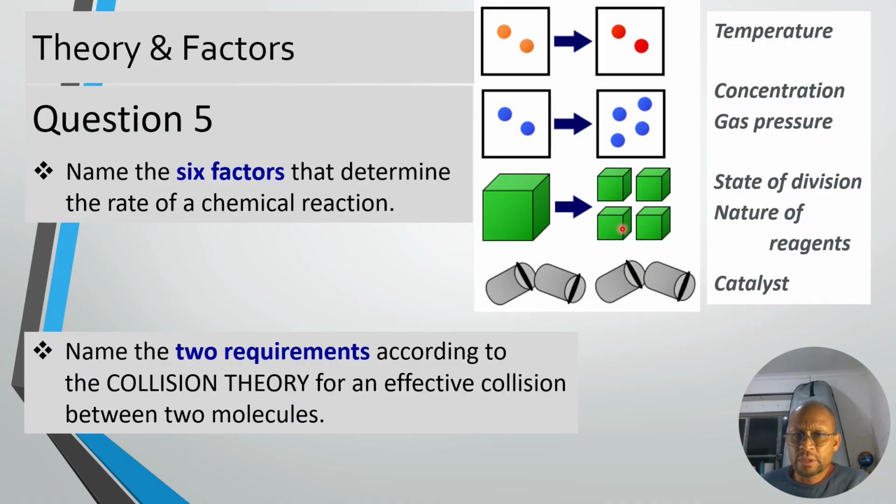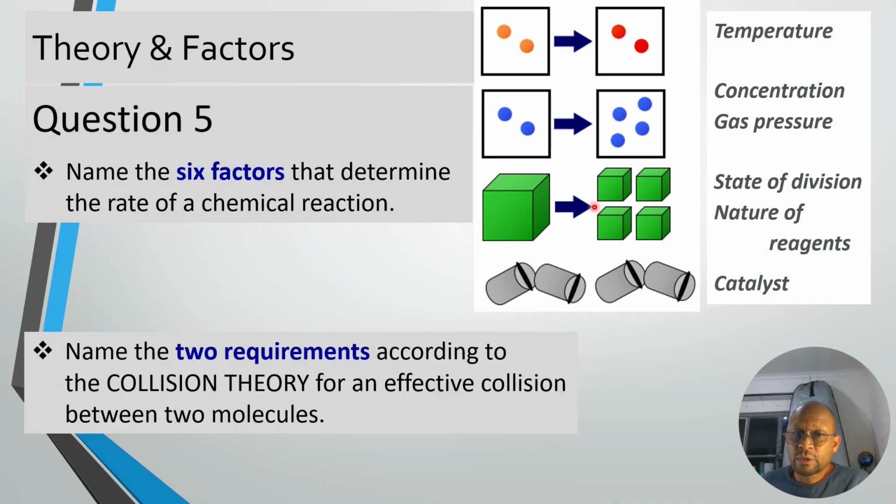Now, state of division refers to the surface area of a substance. If you have a solid piece, it will generally have a lower state of division compared to the same amount of substance in powder form or granular form. In that case, the substance will have a larger surface area.